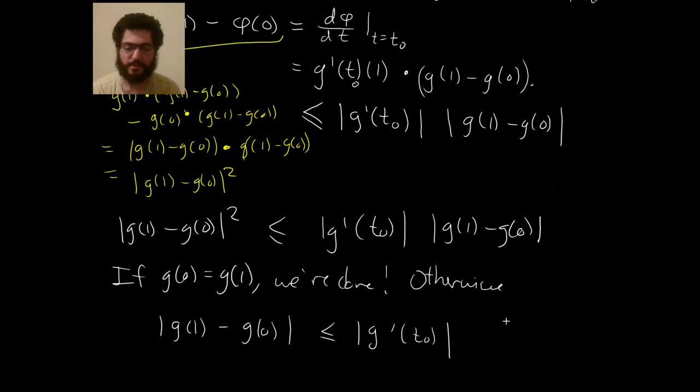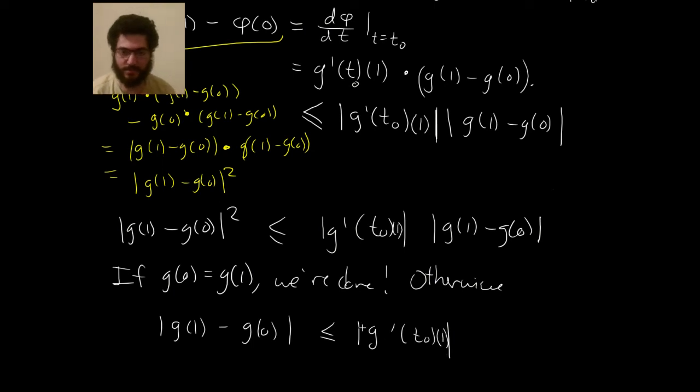So yeah, there should have been a 1 there. And I mean, it still works without the 1, I guess, because technically the norm of g prime t naught is the norm of g prime t naught of 1, just in this situation.